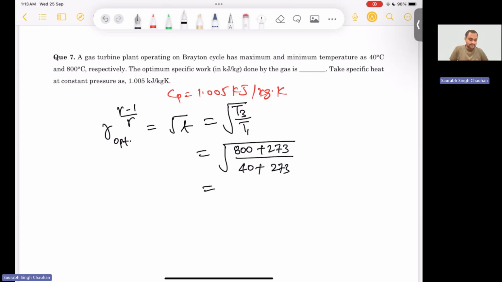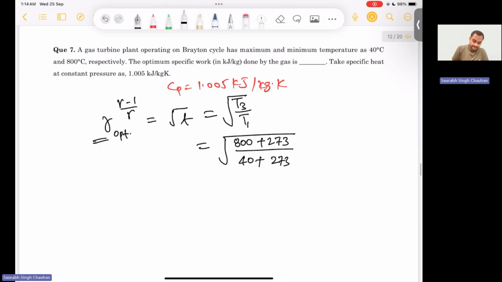If you calculate this value... but in this question, we don't need to find the optimum pressure ratio.